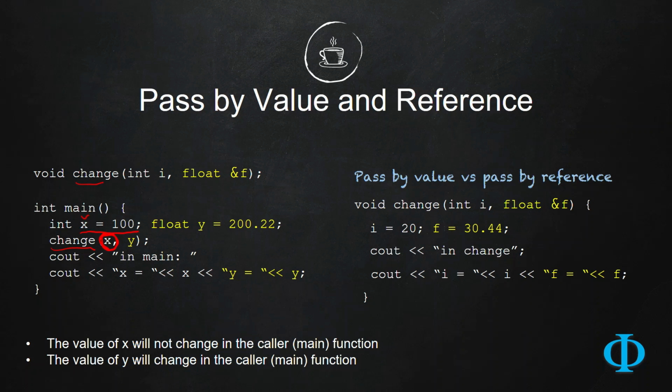What you are basically doing is making another copy of x and then passing it to the function change. So instead of visualizing it as x, you can think of it as a copy of x is passed to the function.